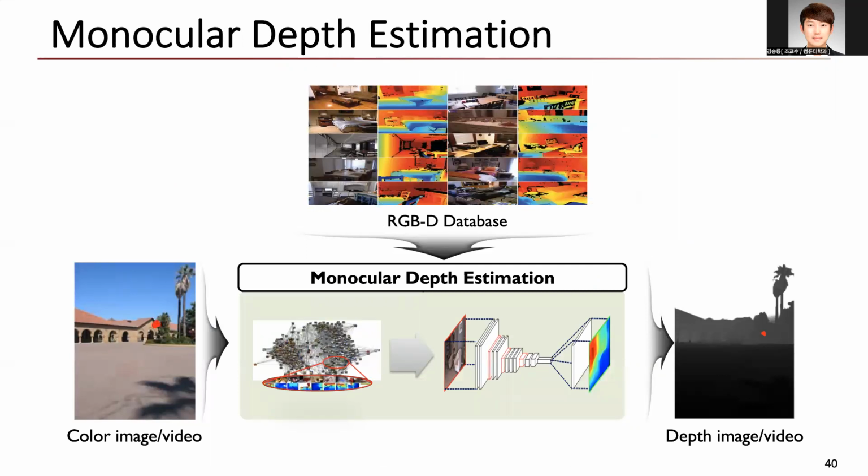If we can find a mapping function between the color pixels and the depth values, given a large-scale ground truth RGB-D dataset, an RGB and depth paired dataset, we can learn the mapping function between image and depth, and then solve monocular depth estimation.